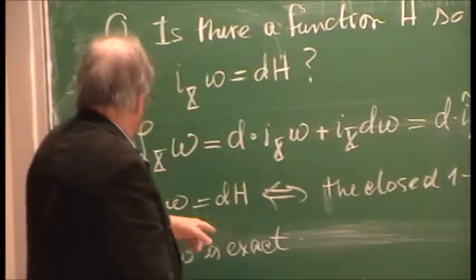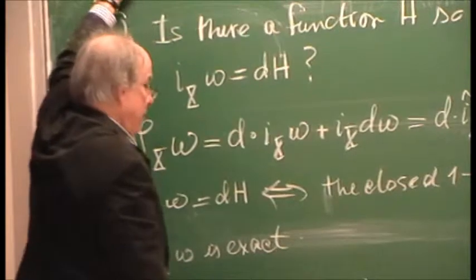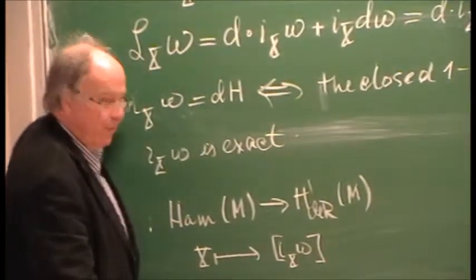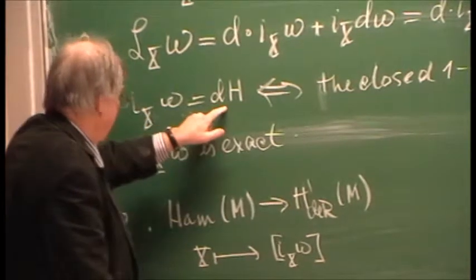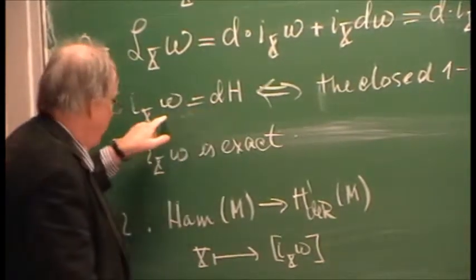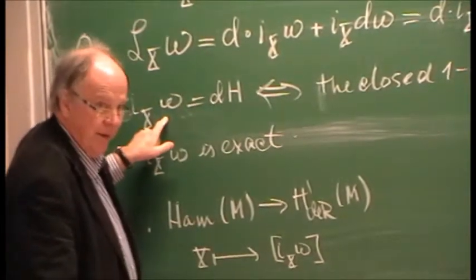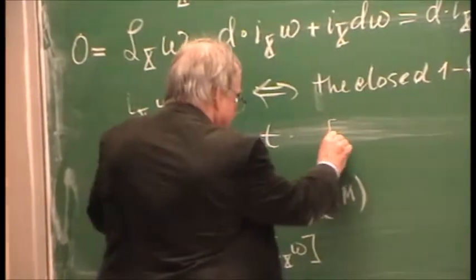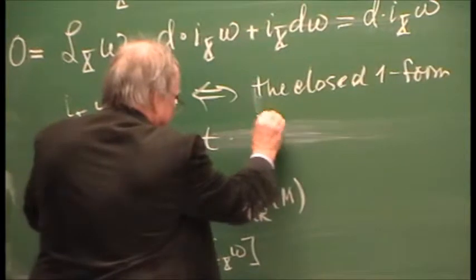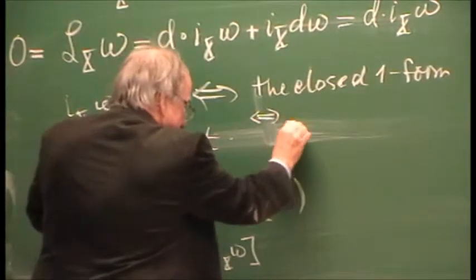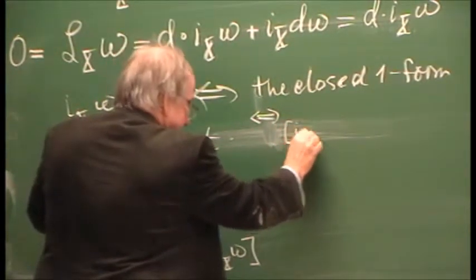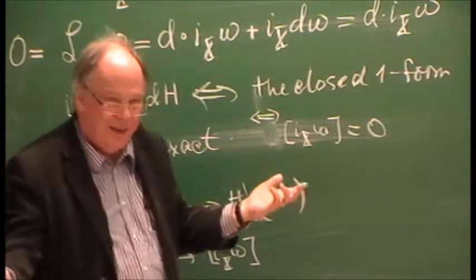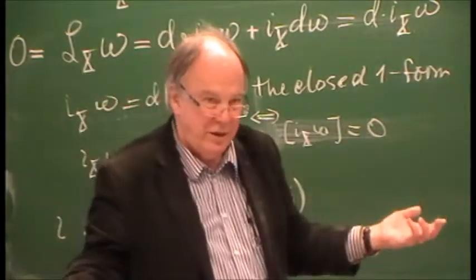Oh, I'm sorry, I said it, I think, but you have to say that. So the question is, is this form exact? Right. It's in the kernel. And the form is exact if and only if this thing is the 0 class in cohomology, right? So it's in the kernel of that map.